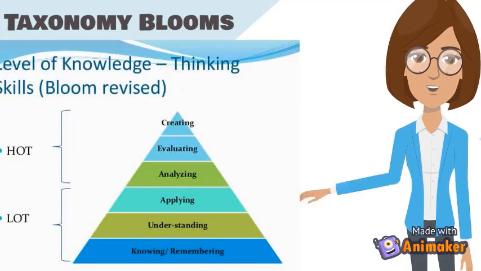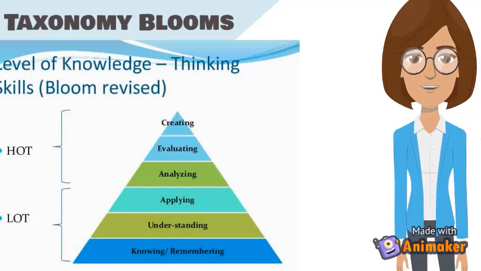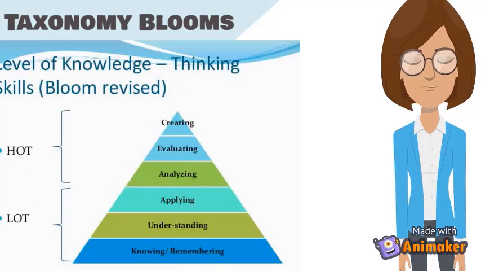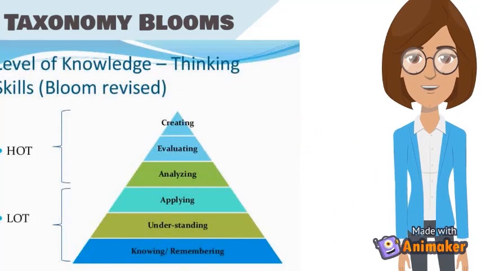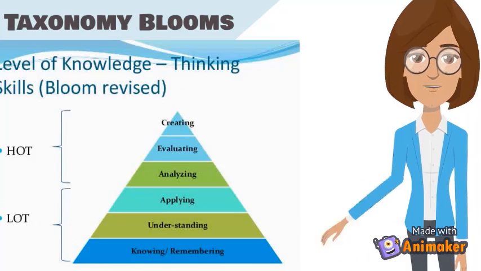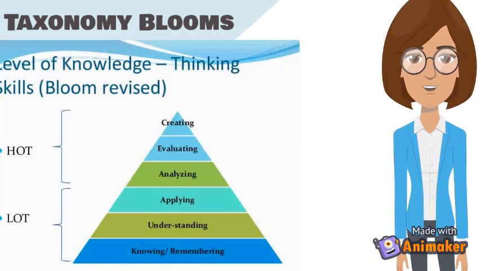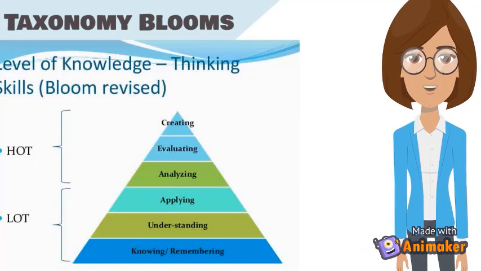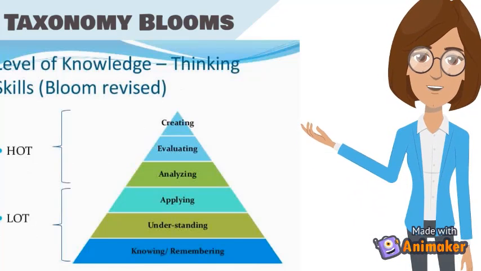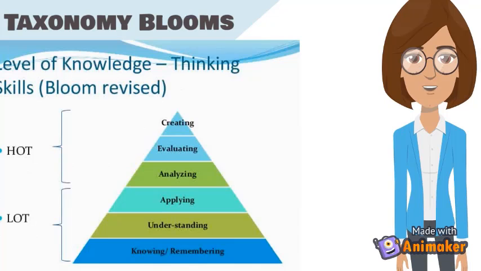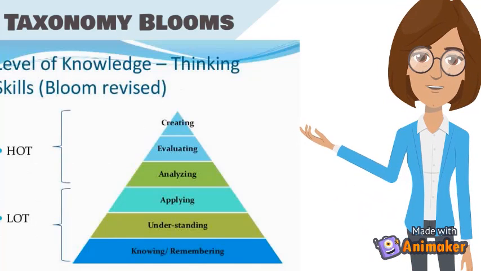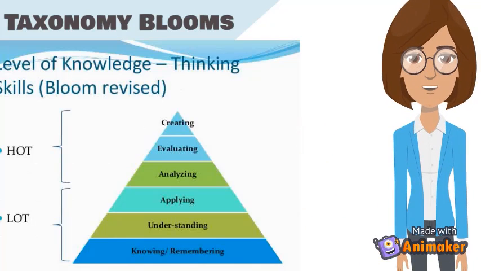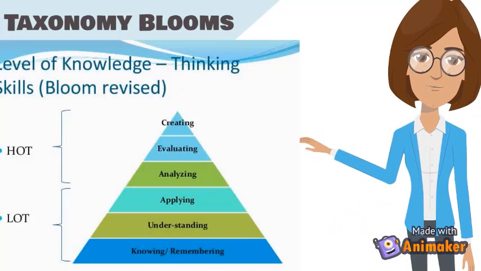If you remember, at every beginning of the semester, we teachers are especially reminded of the use of C1, C2, and so on and so forth. So, lower order thinking skills belong to the verbs C1 until C3. Meanwhile, higher order thinking skills belong to the verbs C4, C5, and C6.